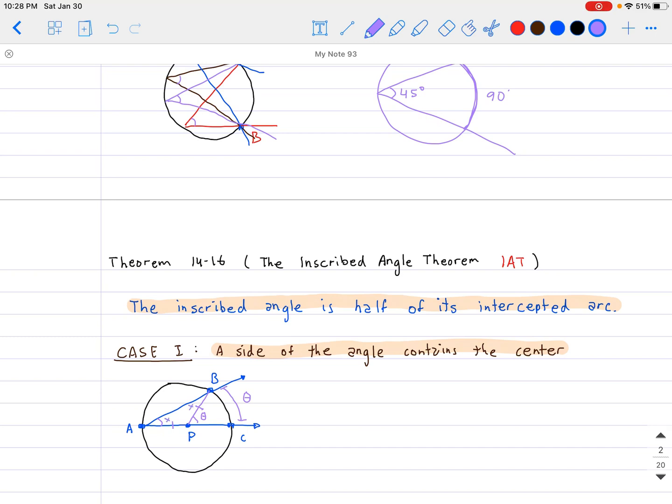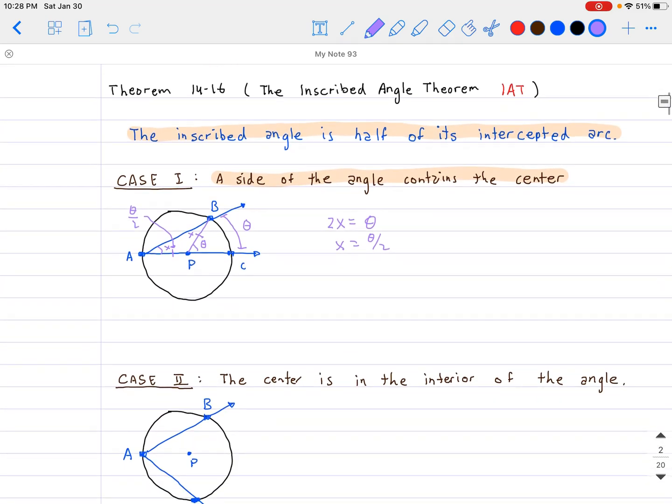Then according to the exterior angle theorem, 2x is equal to theta. And so x is now equal to theta over 2, which is exactly what I'm trying to prove. That x is half of the angle theta that we have. So that's case number 1, if we have an inscribed angle that is on the diameter.